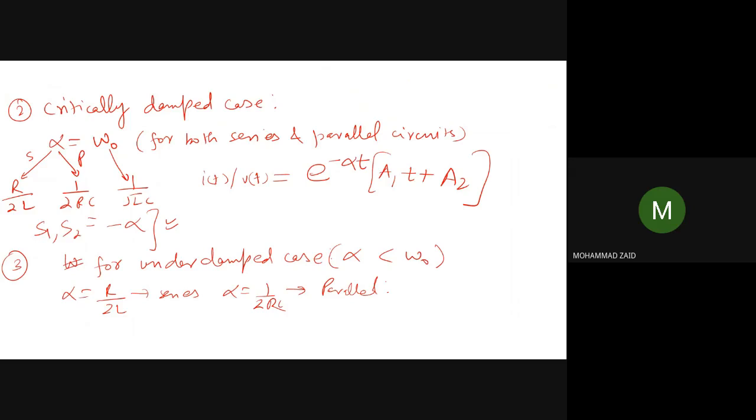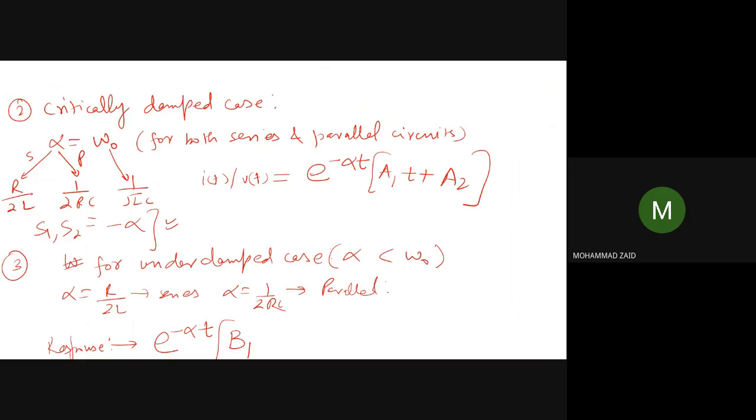We can write the response in an underdamped case in the generalized form e to the power minus alpha t, and we take b1, just some other constant so that it is identified that if we are writing b1, then we are talking about the underdamped case. Okay, you can also take a1, it doesn't make any difference.